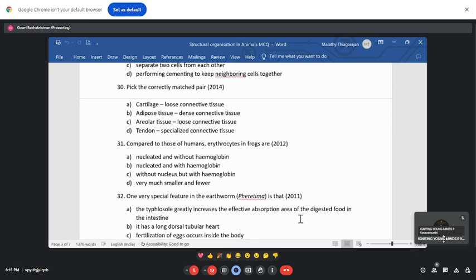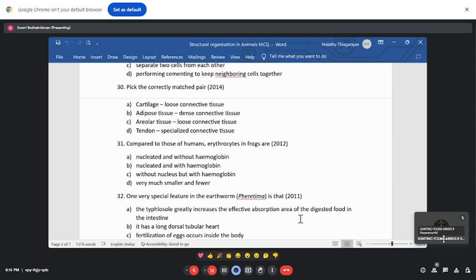So cartilage is not a loose connective tissue. It is a connective tissue but it's a very tough, dense connective tissue. Adipose tissue again is a loose connective tissue. Adipose stores food, I mean the nutrients, fat and so on. Then areolar tissue again is a loose connective tissue.